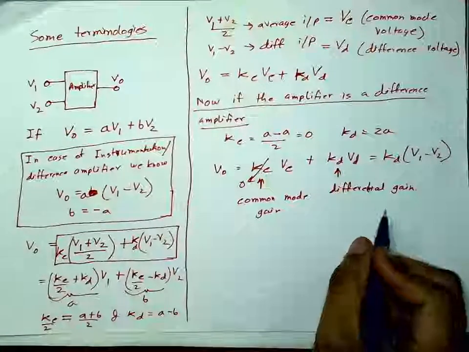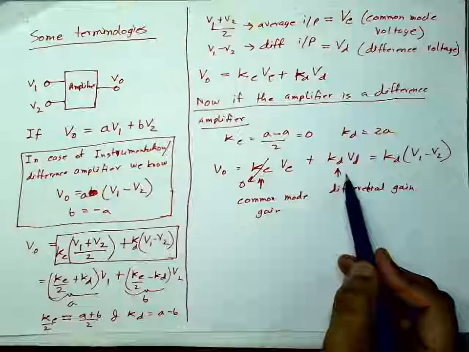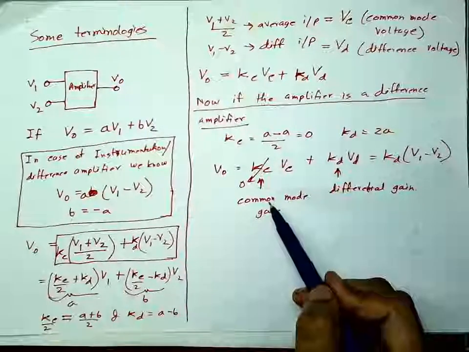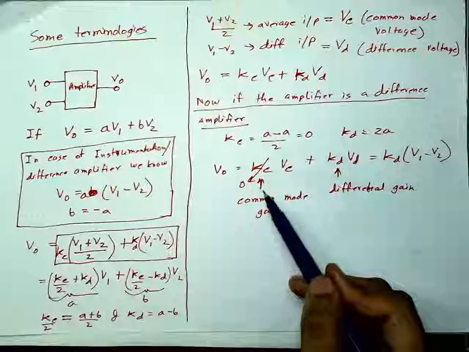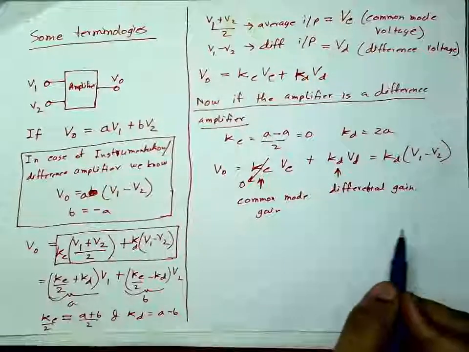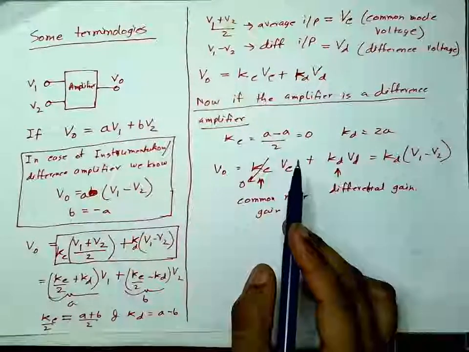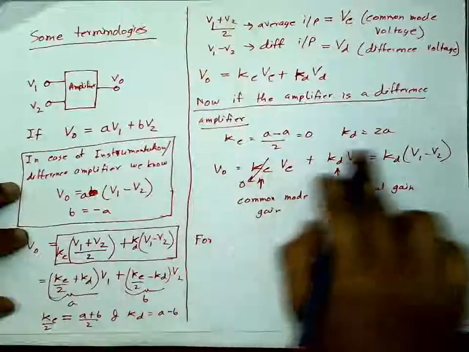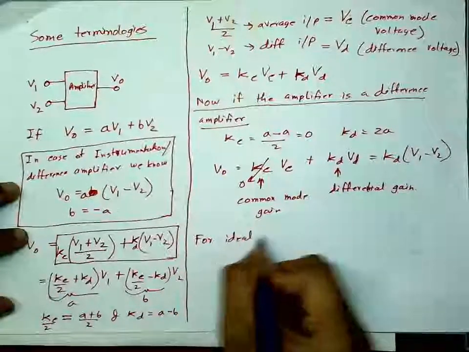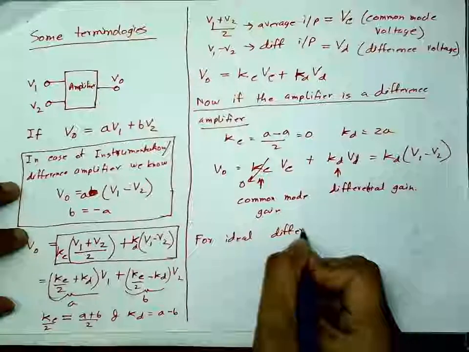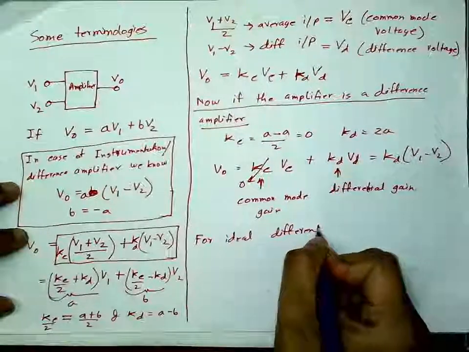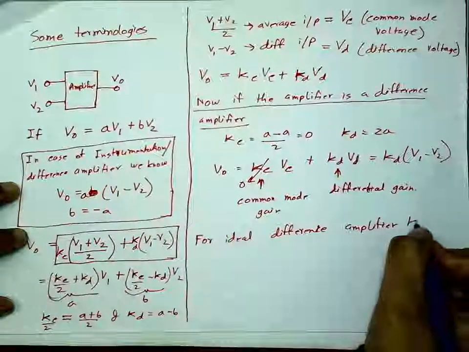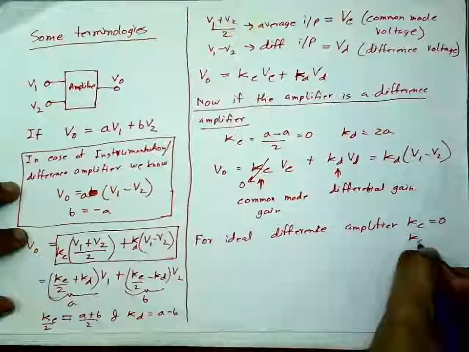Essentially, how much the difference is amplified is the differential gain, how much the average value is amplified is the common mode gain. And for an ideal difference or differential amplifier, as we already have said, Kc should be 0, Kd non-zero.